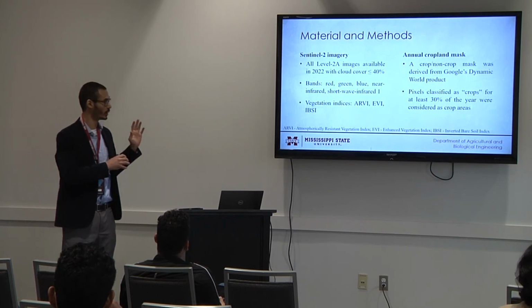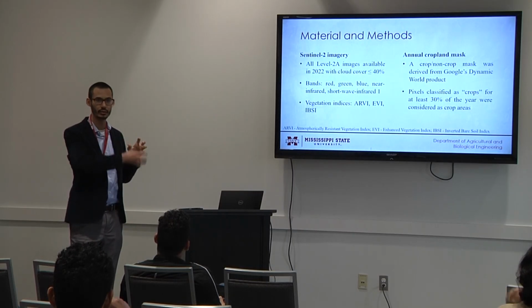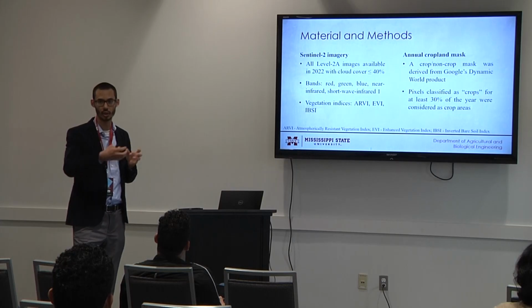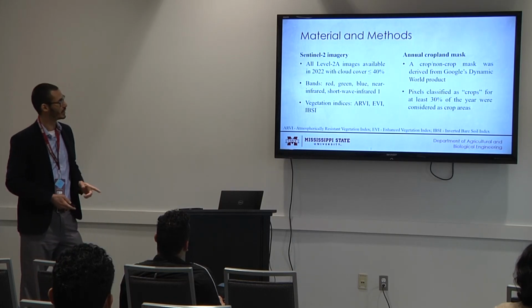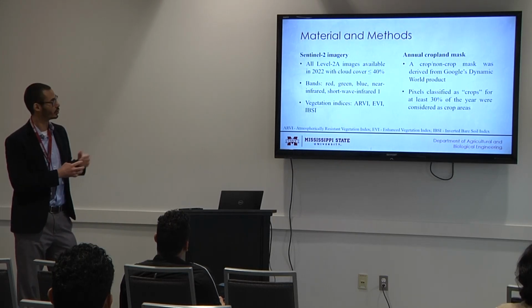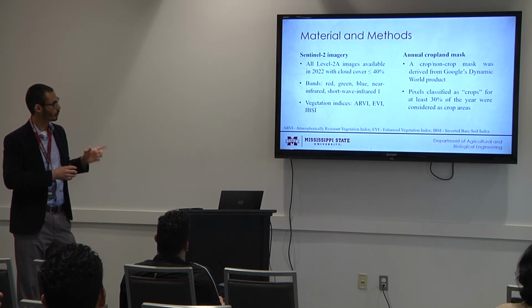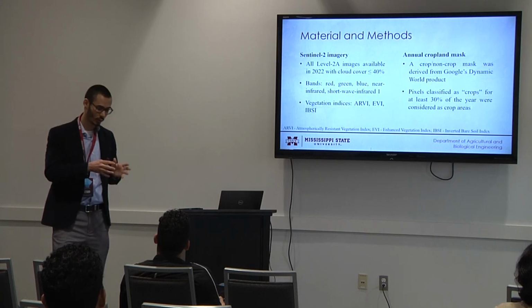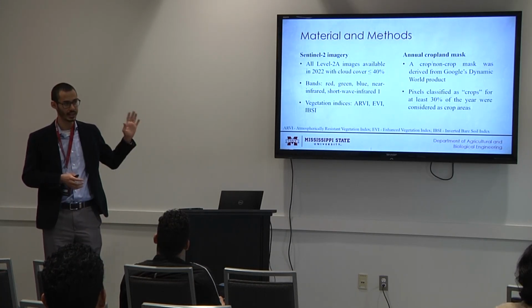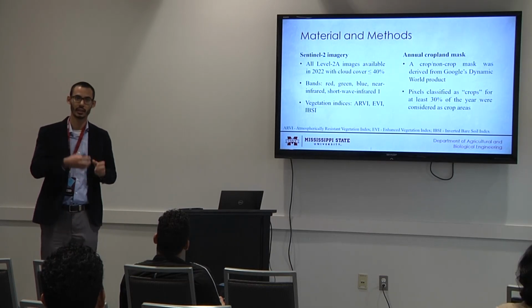So we need to post-process to remove non-crop field objects. To do this, we created annual cropland masks based on Google Dynamic World. Based on this product, we know where we have crop and where we don't, so we can use it to filter the objects that were extracted using SAM.